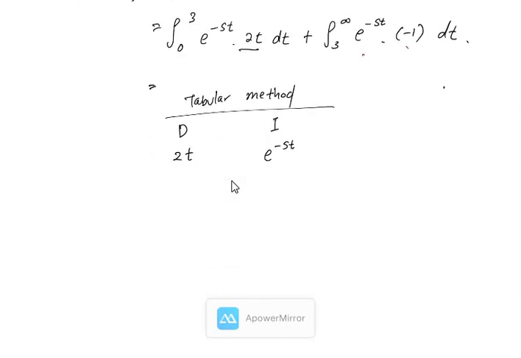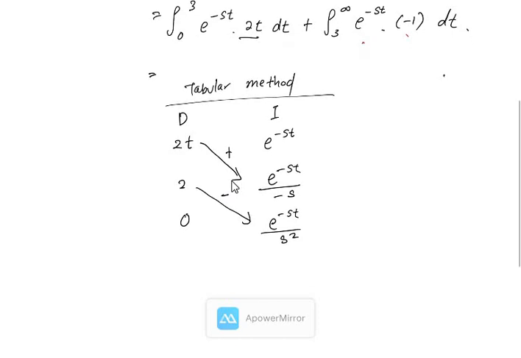So I differentiate 2t, I obtain 2, and differentiate 2 again, I obtain 0. I integrate exponent negative st, I obtain exponent negative st divided by negative s, and I integrate again, I obtain exponent negative st divided by s squared. So this is positive, this is negative.